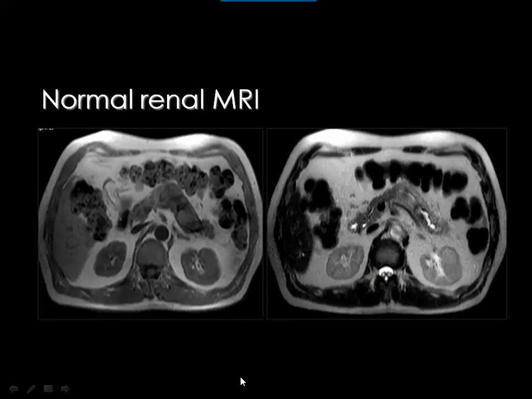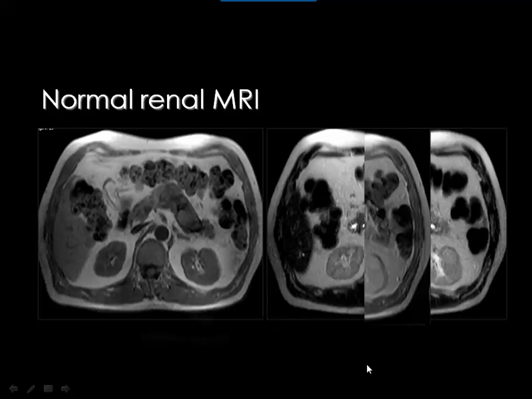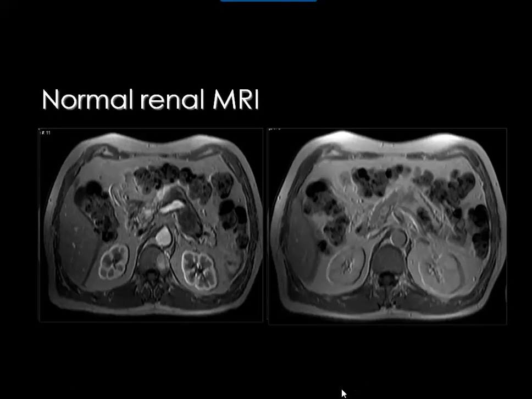And this is the MRI T1 weighted image of the kidney, and this is the appearance of the kidney in the T2 weighted image. After injecting contrast media, you may have the triphasic study showing the corticomedullary phase and the nephrographic phase, as well as the excretory phase, or you may simply inject contrast media and it will have the combined nephrographic and excretory phase.